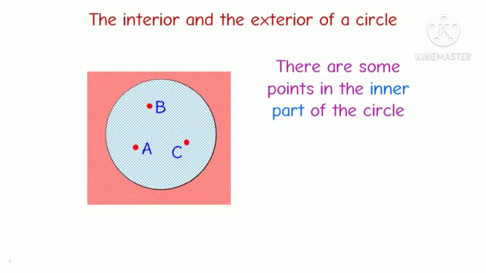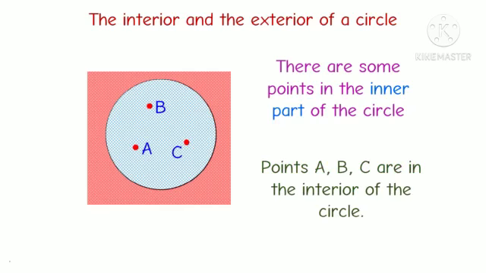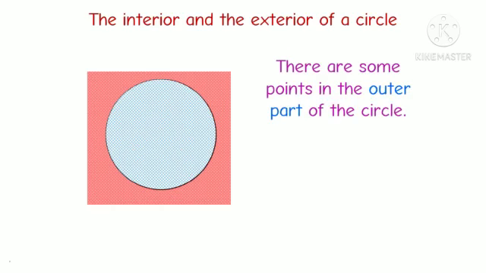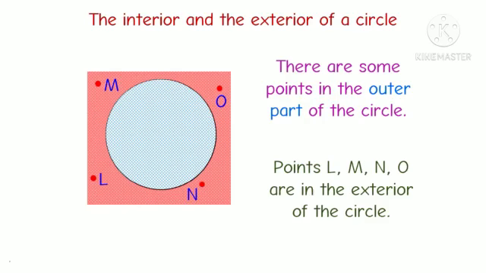Points A, B, C are in the interior of the circle. There are some points in the outer part of the circle. L, M, N, O are in the exterior of the circle.